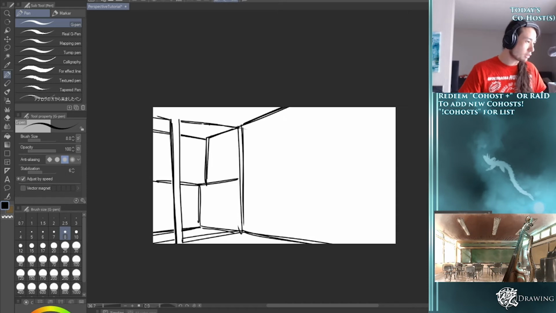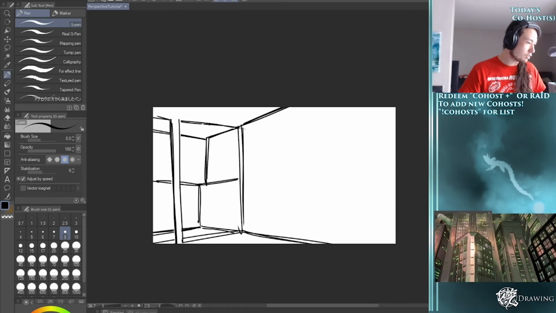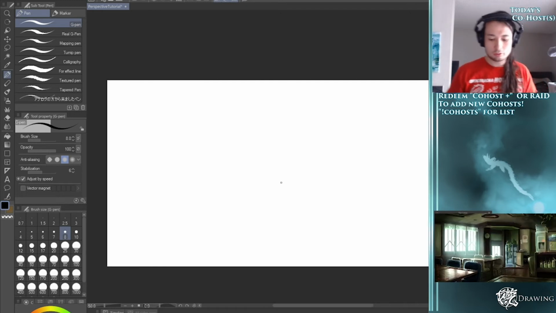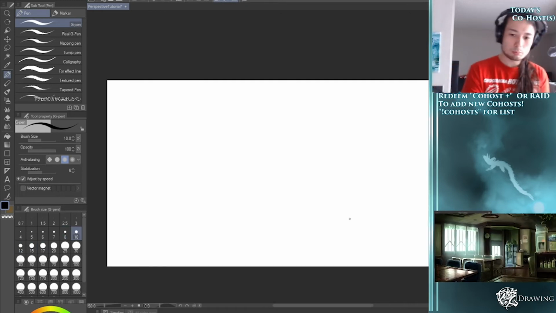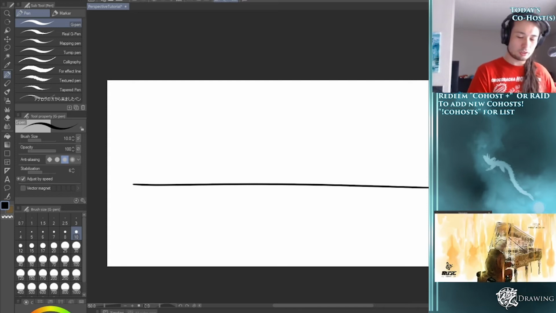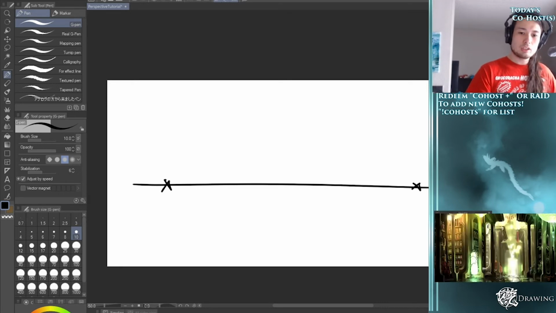So let's break it down at its simplest level, shall we? Let's go back to our box. All right. Before we even do the box, let's start with a horizon line. Draw along if you're finding this hard to understand. We're going to pick 2 points. One on the left and one on the right. Now, let's start with a vertical line.